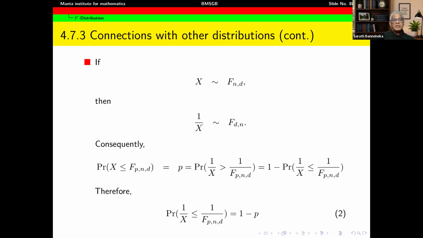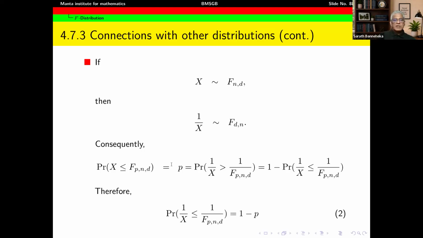And because of that, we can find out a relationship between the quantiles as well. Right? I'm using the first definition that we discussed earlier for the quantile. Suppose X has this F N D distribution, and in that case, the probability X less than or equal to this quantile will be equal to P. So this will be the Pth quantile of the F distribution with N numerator degrees of freedom and D denominator degrees of freedom.